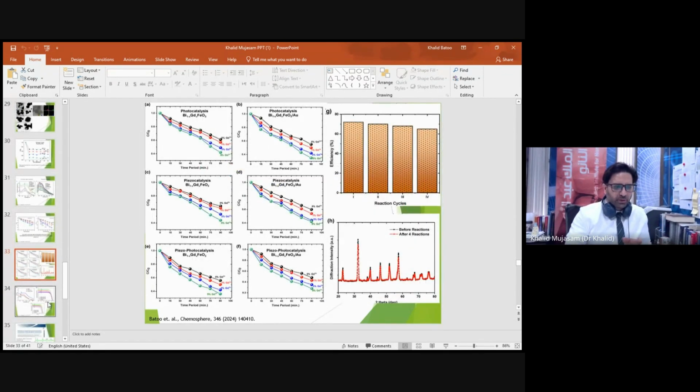However, if you go to the part where we had the different aspects to see which one is better, photocatalysis, piezocatalysis, or piezo photocatalysis, we had a similar phenomenon: it is actually the piezo photocatalysis decorated with the gold, compared to just simple doping, where we had the highest percentage.